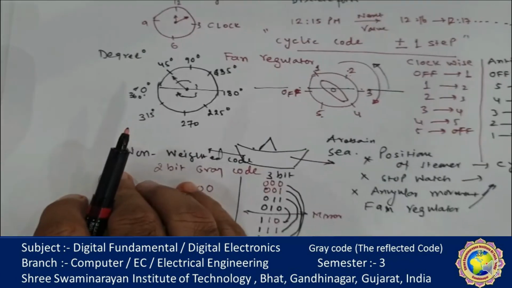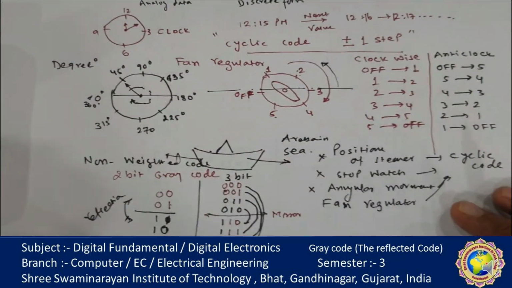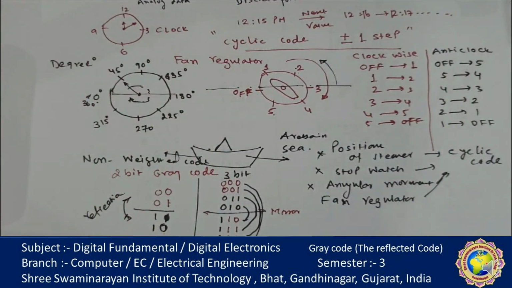So in terms of power consumption, the gray code also gives us less power consumption when used in the cyclic code method. So this is the biggest advantage of cyclic code, why gray code is used and where it is helpful to represent the decimal system design circuit.